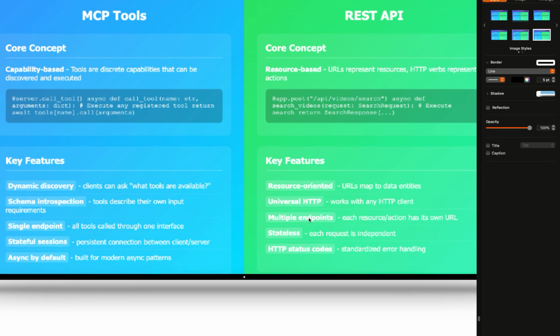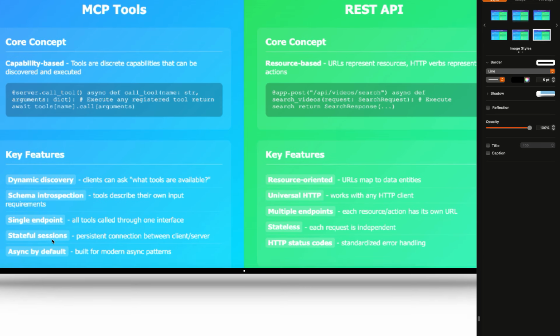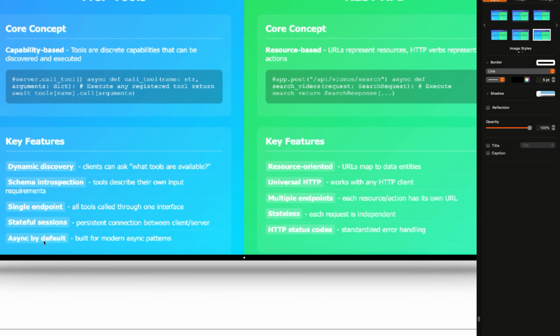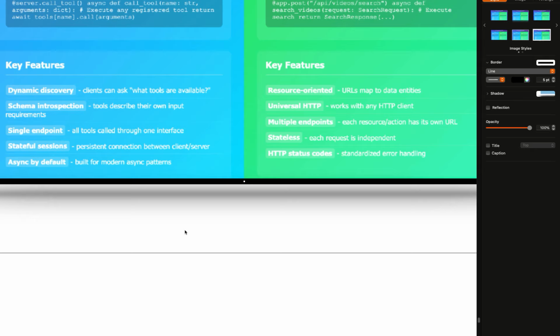Here you have multiple endpoints. It's completely stateful. It's persistent. Here each request is independent. It's stateless. With MCP, it's completely stateful. And it's asynchronous by default, because it's newer, right? REST API has been around for a long time, and it works completely different there.